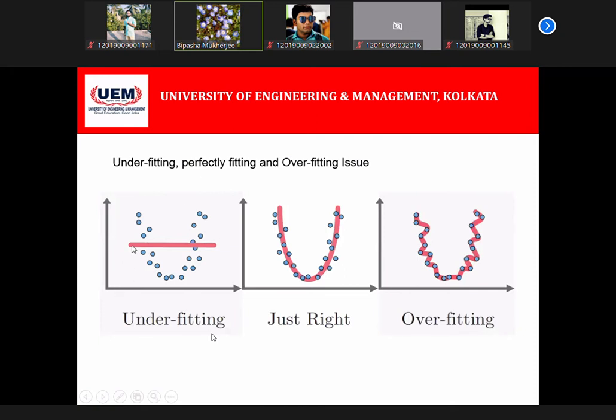But if you write an equation like this, what will happen? Now it is not covering most of the points. If it is not covering most of the points, that means this line equation is not a suitable regression function for the data set given to you. So this line or function cannot be used to predict the outcome based on some input.